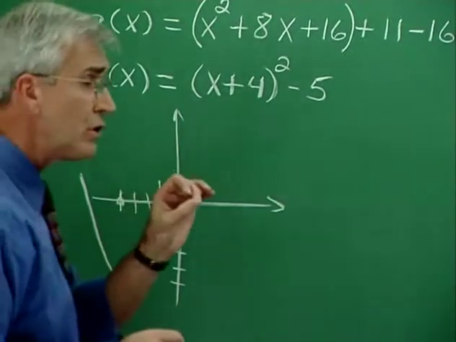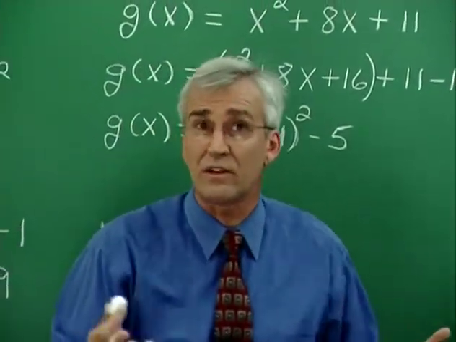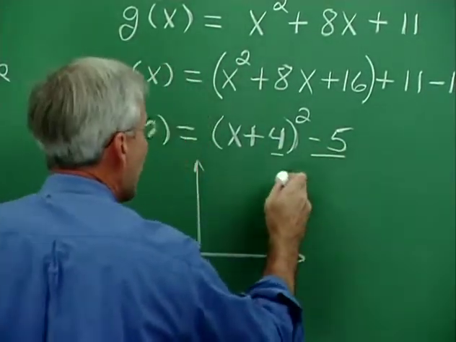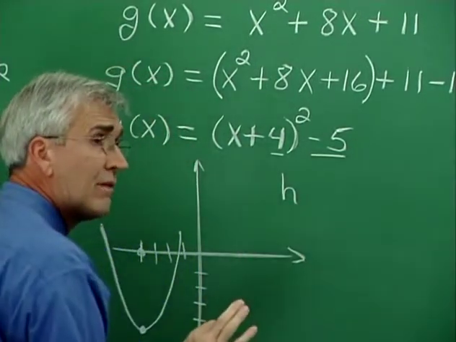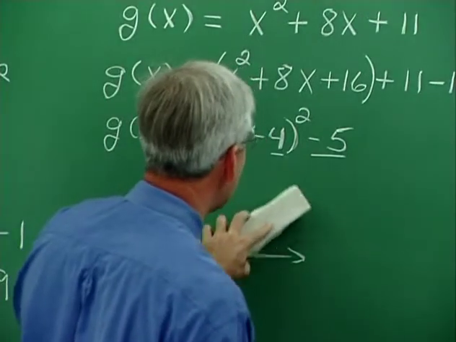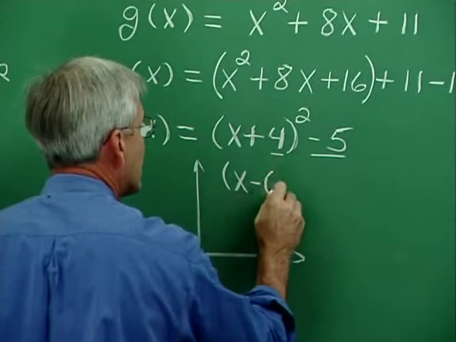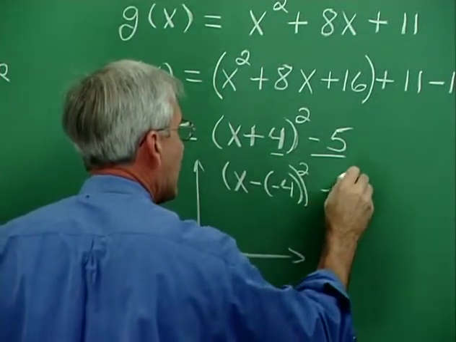Now, if we were using the (h, k) idea, it's very similar. Here's the h, here's the k. So h is, wait a second. h was a number that followed a minus sign. So we have to think about this in a rather creative way. We have to really think about this as x minus negative 4 squared, then minus 5.